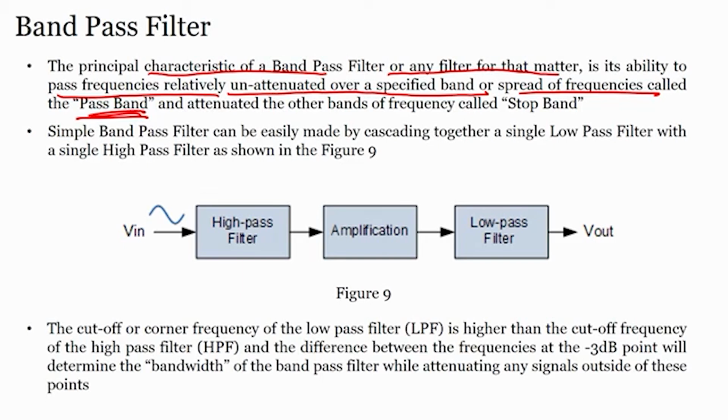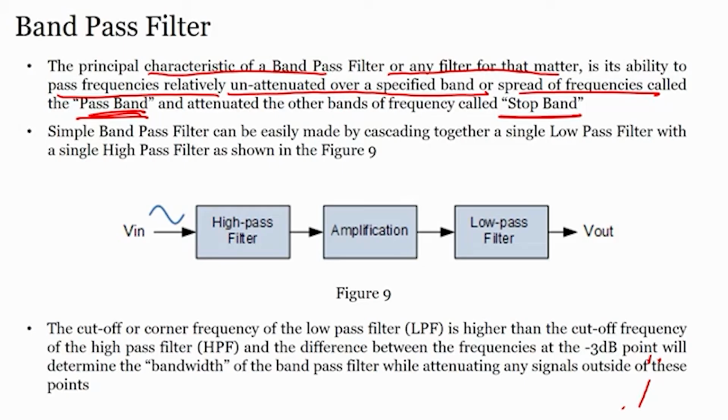It can be a low pass filter, with a low frequency band, or a high pass filter, with a high frequency band. The frequencies that we want to pass should be passed without any attenuation. That is called the pass band, and the other bands of frequency that are attenuated are called the stop band. We know what the pass band is, and we know what the stop band is.